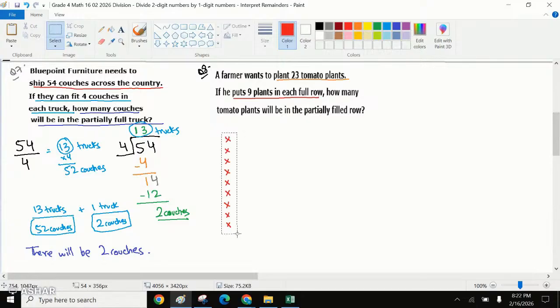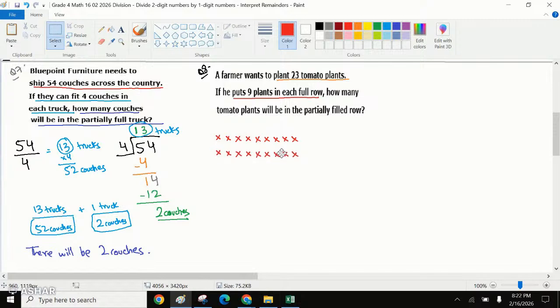Sorry, I put it in the column. Each row is always horizontal. 1, 2, 3, 4, 5, 6, 7, 8, 9. If he plants 9 in a single row, then he plants another row.